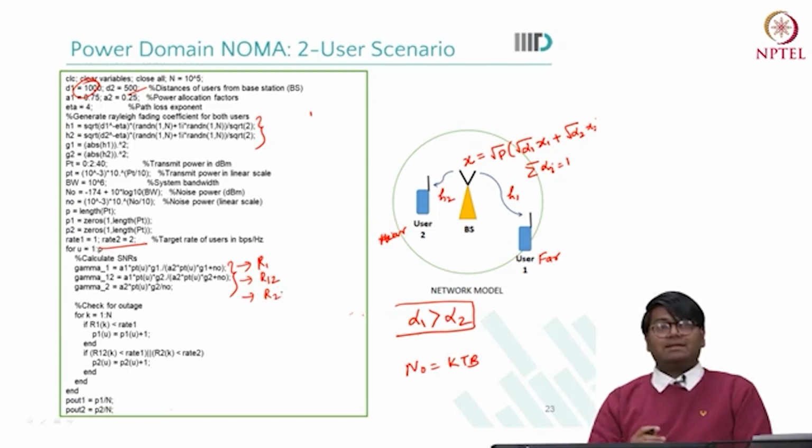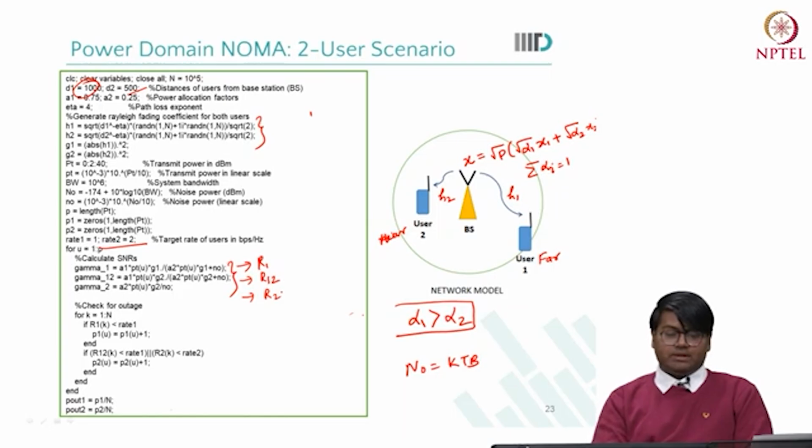So these are the instantaneous rates. We compare these instantaneous rates with the rates which we have set before, what we call the rate threshold. So we count the number of times the rate falls below the target rate and take the average.